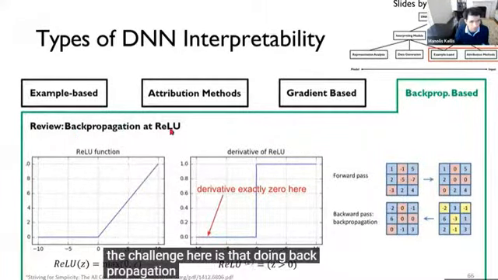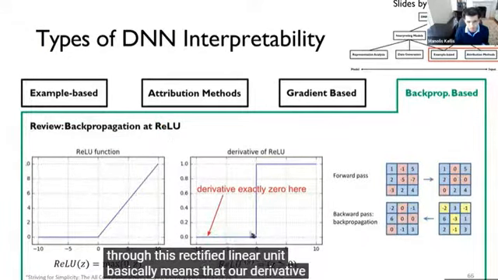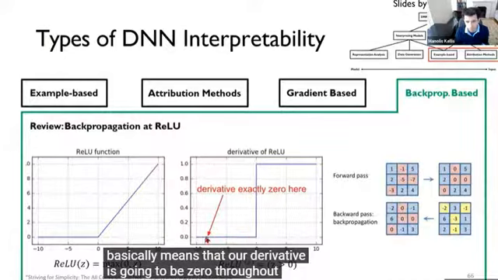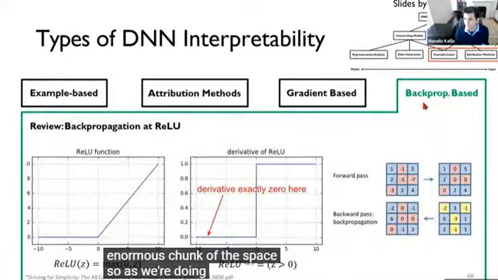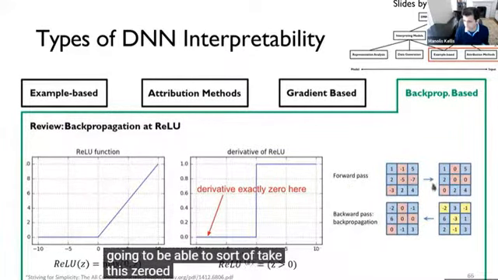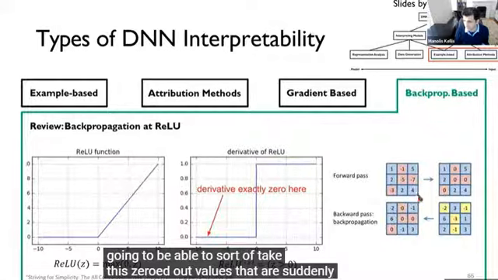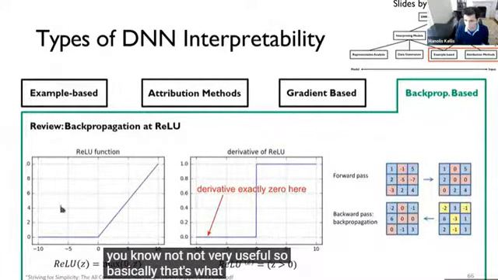So again, the challenge here is that doing backpropagation through this rectified linear unit basically means that our derivative is going to be 0 throughout an enormous chunk of the space. So basically that's what ReLU is doing.